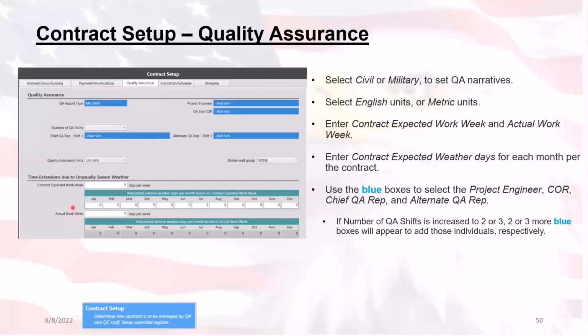Now, right down here, we have the contracted expected work week, and that will be determined from the actual contract and inputted in here, as well as the actual work week. These are important because of the various scheduling items that RMS will auto-populate. But let's not forget to input the contractor's expected weather days.